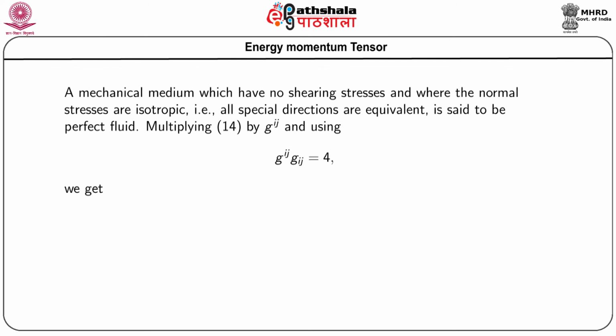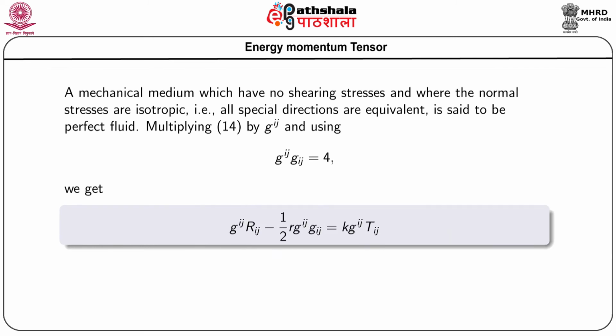And now multiplying by g^ij and using the fact that g^ij g_ij equals 4 because we are in 4 dimensional space, we get g^ij (R_ij minus half R g_ij) equals k g^ij T_ij.